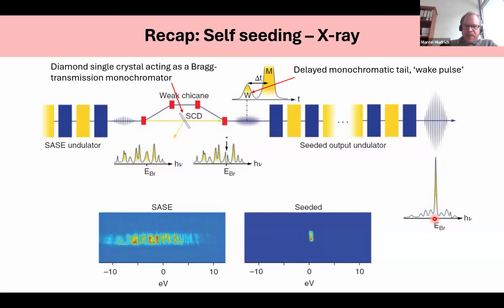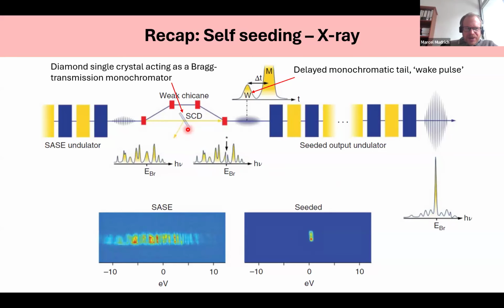Only the big problem is that we are talking about the X-ray range, and there are no X-ray lasers, not even weak X-ray lasers, to start the lasing process in the first place.